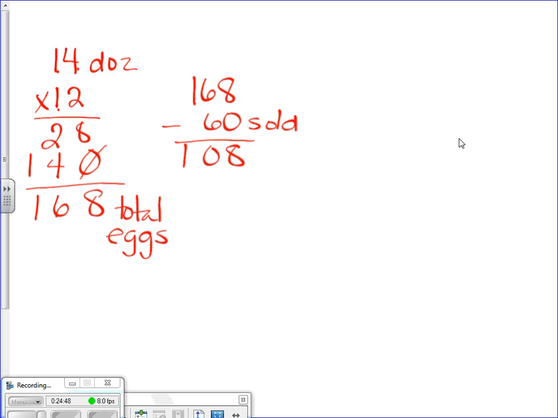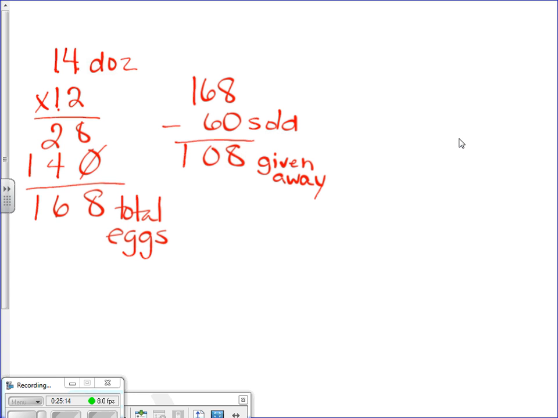So 108 eggs given away. So that I don't forget what everything was. I label everything. Sometimes when you label things, you don't forget where everything was. How many dozens of eggs did he give away?